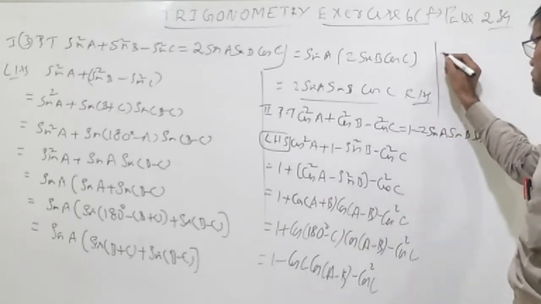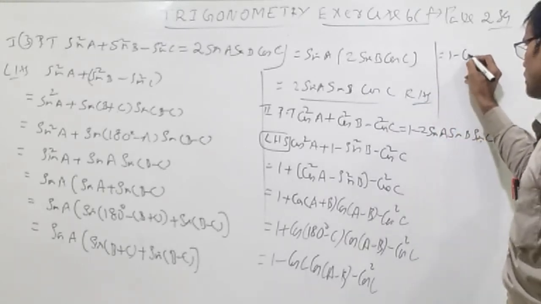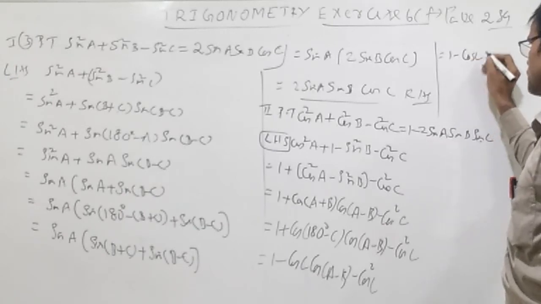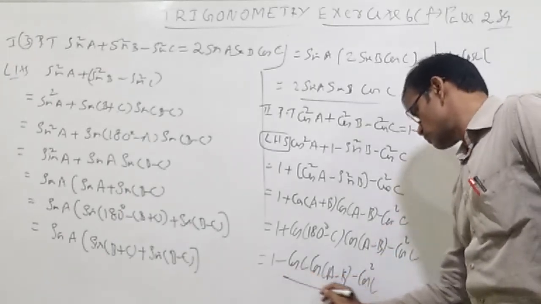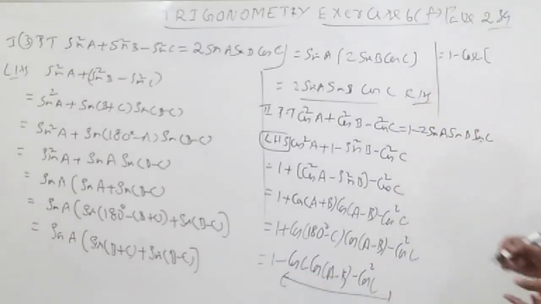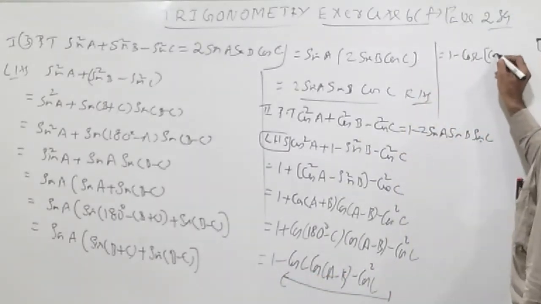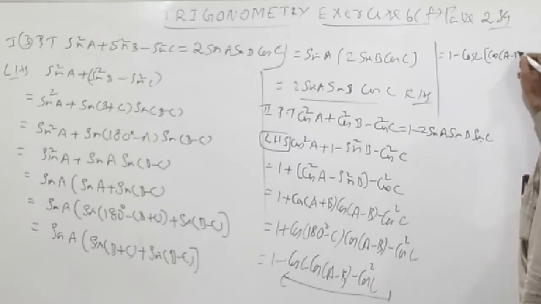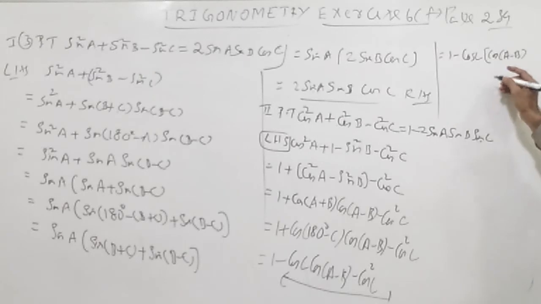Now that is equal to, you can take common minus cos C in both the two terms. 1 minus cos C into cos of A minus B is there. Within brackets you can write here cos of A minus B plus cos C, because minus is taken common.